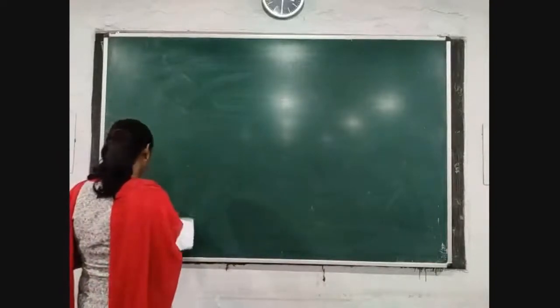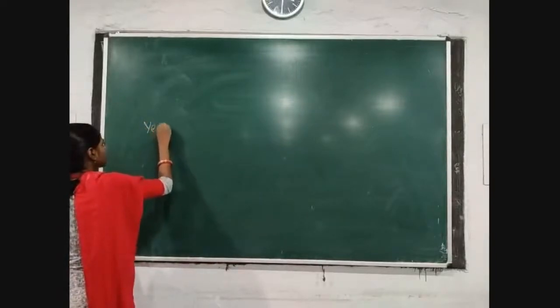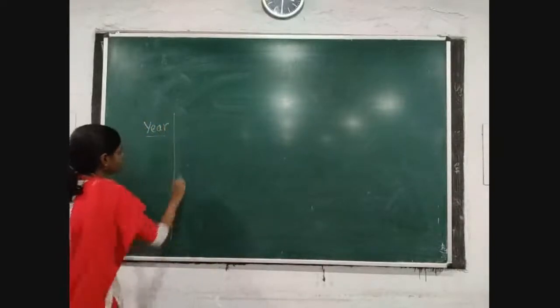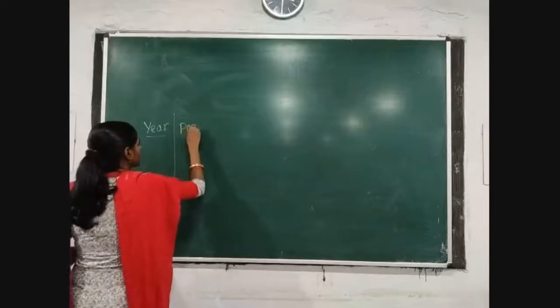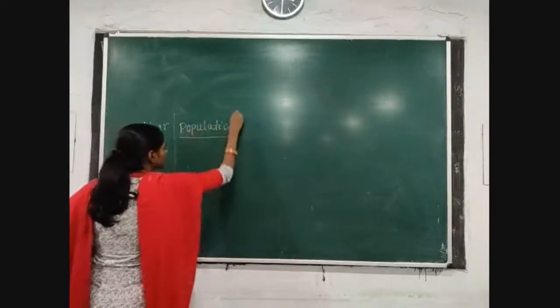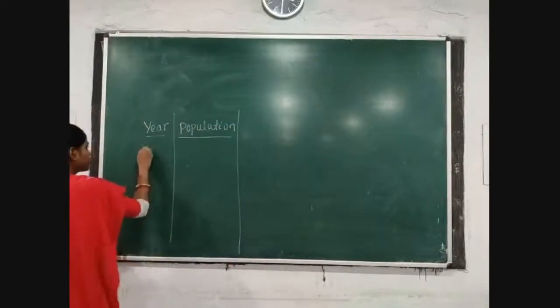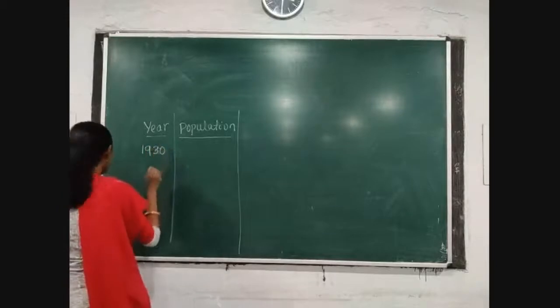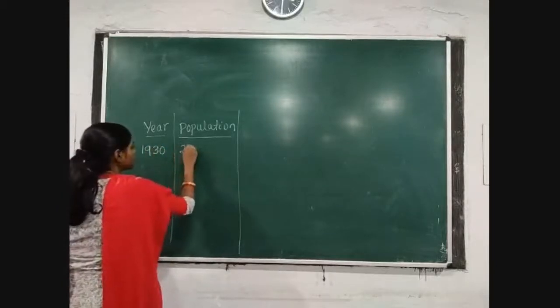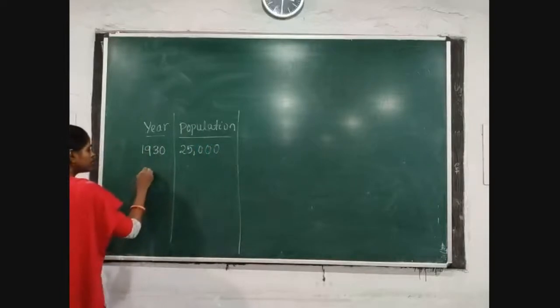For example, the population of 4 to 5 decades is given. In 1930 the population was, for example, 25,000 for a particular city.